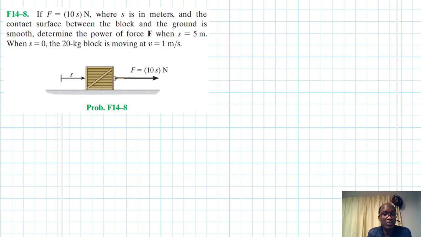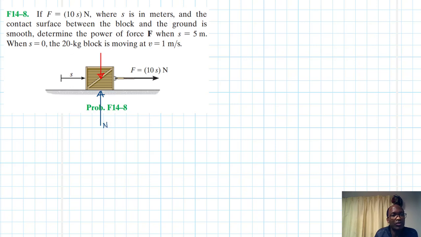Okay, this problem is coming from Engineering Mechanics: Dynamics, 14th edition, by R.C. Hibbeler. So quickly, let's draw the free body diagram. We have the weight acting through the center of gravity, and we have the normal force, like so.